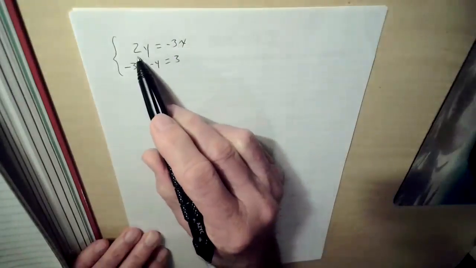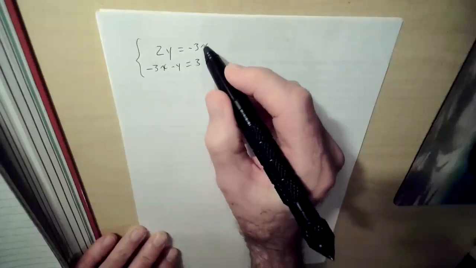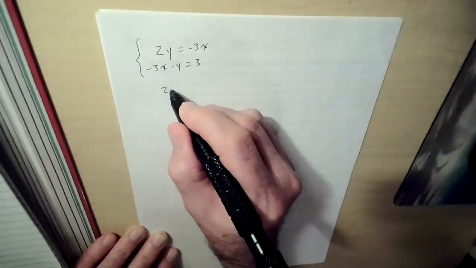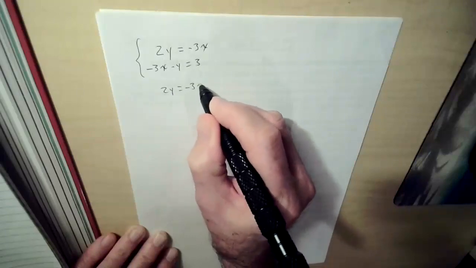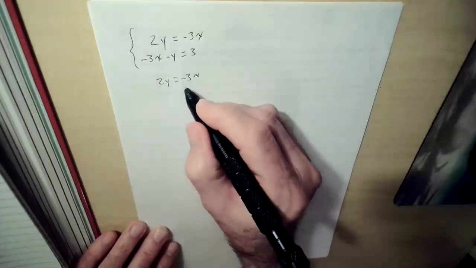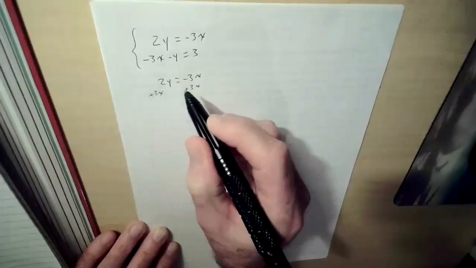System of equations. We want all the variables on one side of the equation. So if we have 2y equals negative 3x, we want to move the 3x over to the other side, so we're going to add 3x to each side.